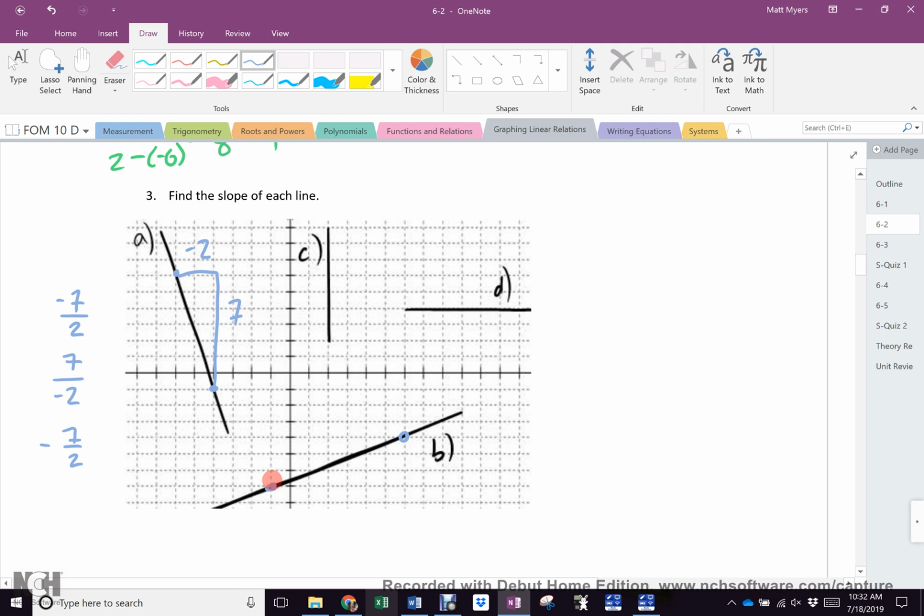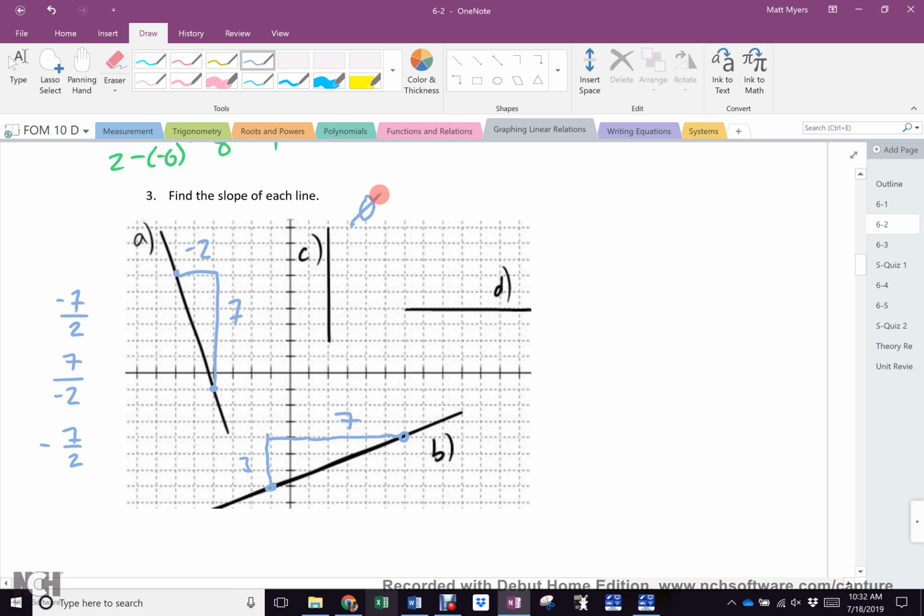Parm, I'm going to give you a chance to redeem yourself on first try. What's the slope? Don't say it. This is Parm's chance at redemption. What? Negative 3? 1, 2, 3. 1, 2, 3, 4, 5, 6, 7. Negative 3 sevenths. Nice.